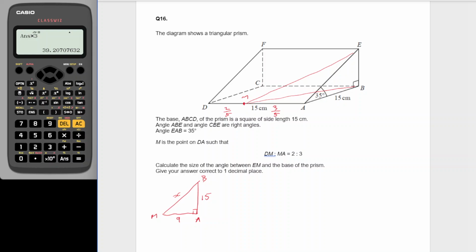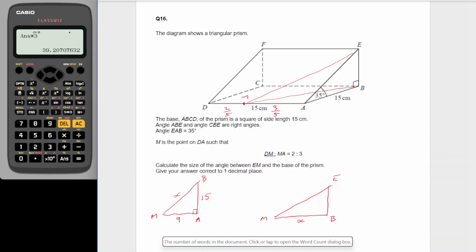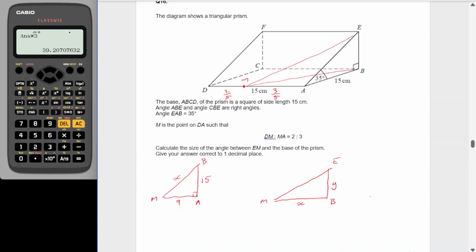So I can use Pythag to work that out. Then I'm going to draw another triangle. So this is going to be my next stage, and this is MBE. So M to B is now side X, but we don't know this height, which is the next thing we're going to have to work out. And provided I've got that, it's that angle that I'm trying to work out.